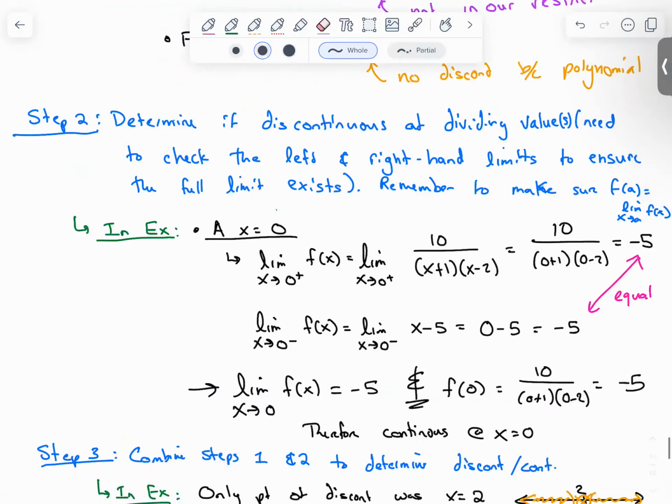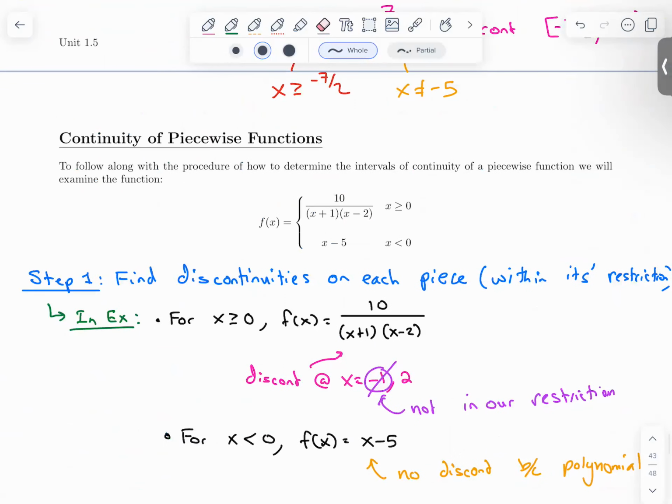So, case in point, here is how I could have made it so that you do have to check. What if this had instead been this? X greater than 0, and then for the sake of argument, it equals 2 if x is equal to 0.